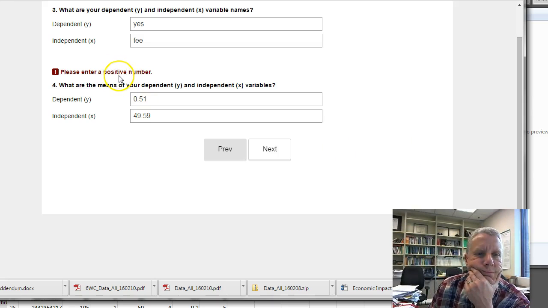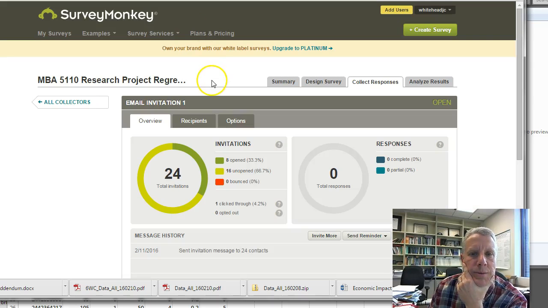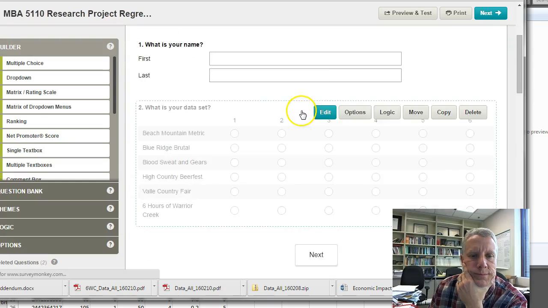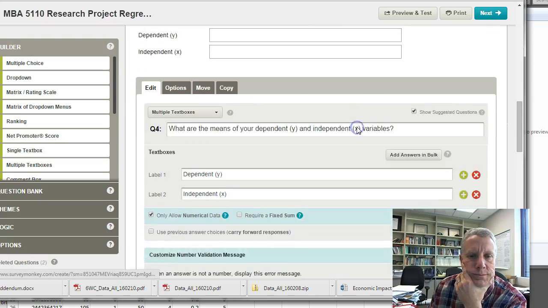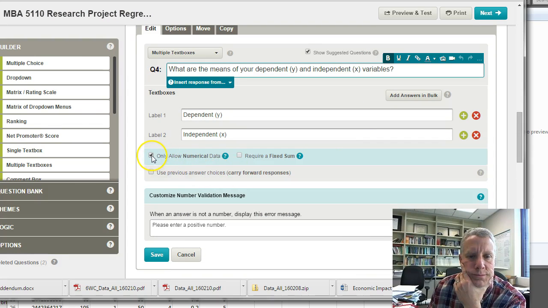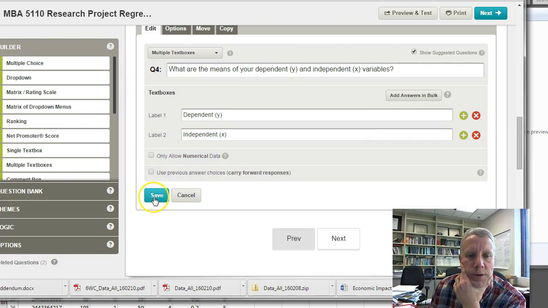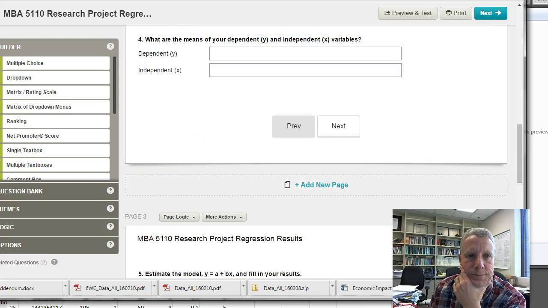Those are positive numbers. I'm not sure what the problem is. So I just unclick only allow numerical data.